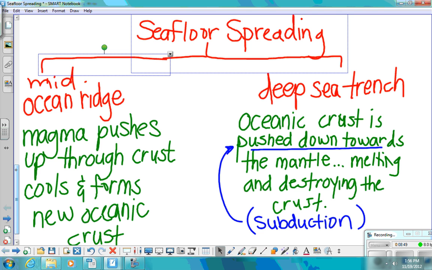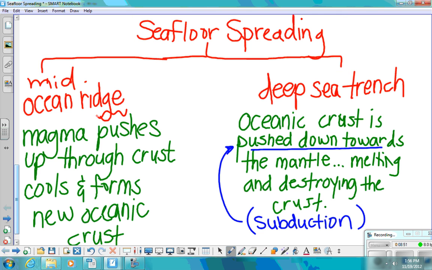We have two parts. We want to discuss the mid-ocean ridge, and we want to discuss the deep sea trench. Mid-ocean ridge, that's where magma pushes up through the crust, it cools and forms new ocean crust there. And because it's a divergent boundary, that ocean floor is moving away from the ridge at a very slow pace, but it's happening all the time.